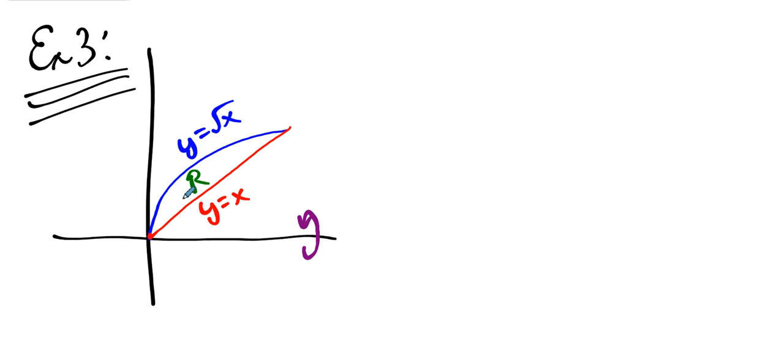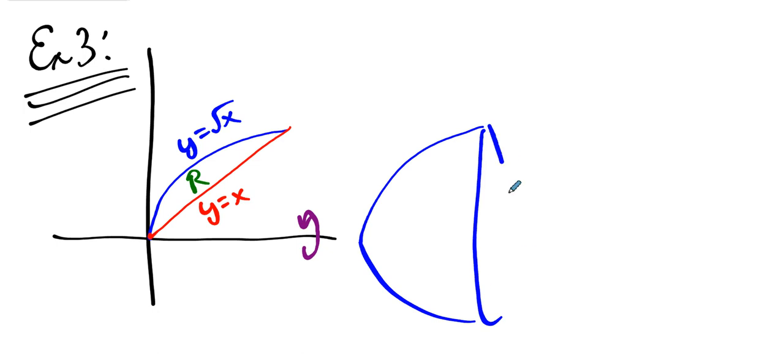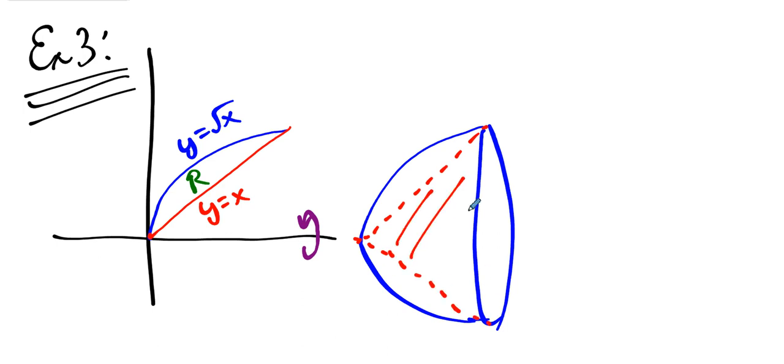When we revolve this region about the x-axis, it gives you a solid, right? But that solid has a hole in the middle, right? This is removed. And the solid that remains is just this part, right?